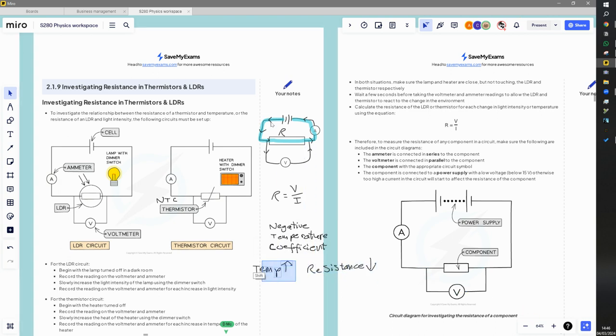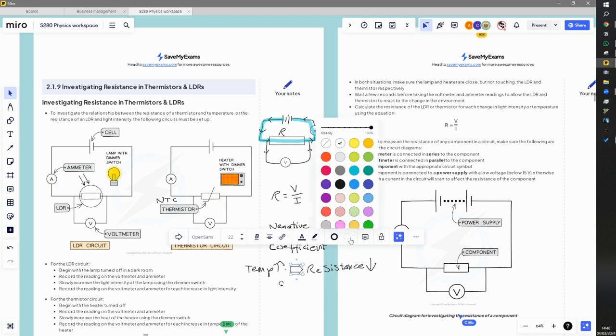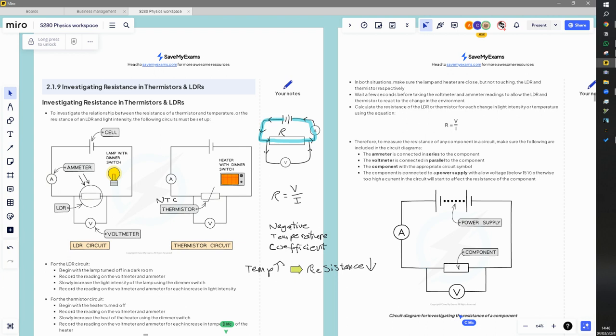Earlier on, I said a fixed resistor should have a fixed value. We've got lots of arrows here, but hopefully you realise that basically what I'm trying to say is that an increase in the temperature causes the resistance to go down. That's for a thermistor, or more accurately, a negative temperature coefficient thermistor.